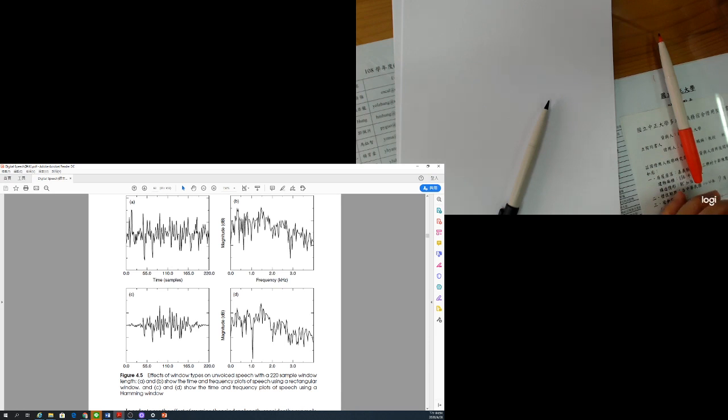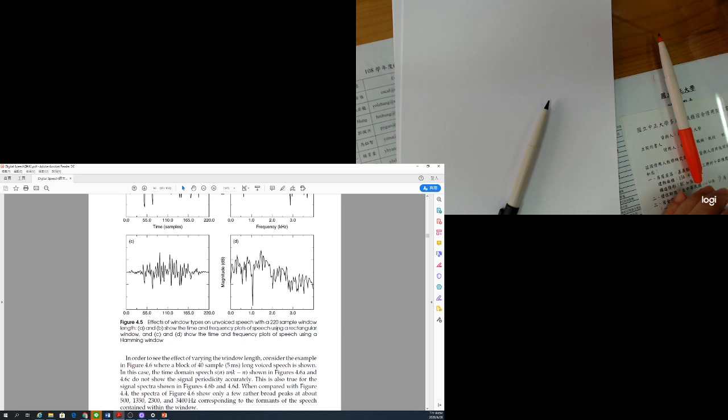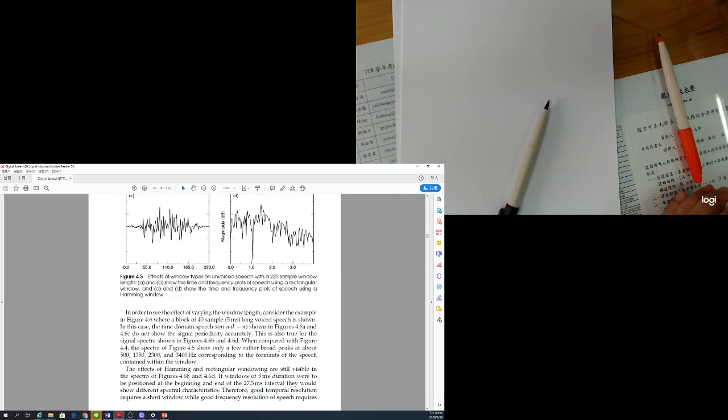This one is more like a noise on voice signal. So we are windowing, not a rectangular window. You can see in the frequency domain there's no harmonic structure. If we use the noise on voice and take the windowing, you can see there's no harmonic structure here. This window sample is 220 here.